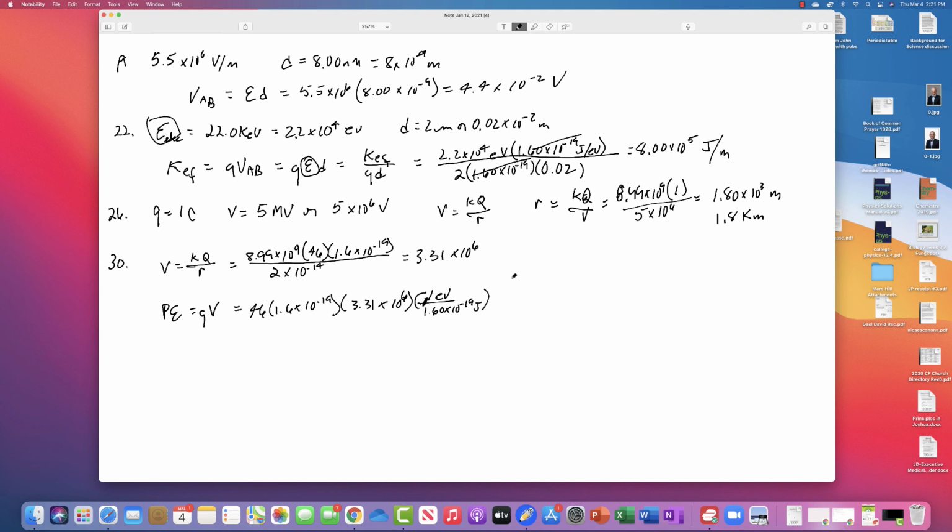And so you end up with 1.53 times 10 to the 8th EV, that's what this conversion was. And then in MeV, that's going to be 153 MeV.